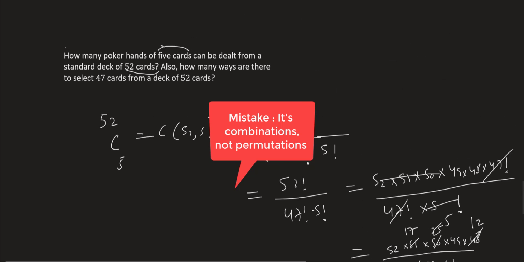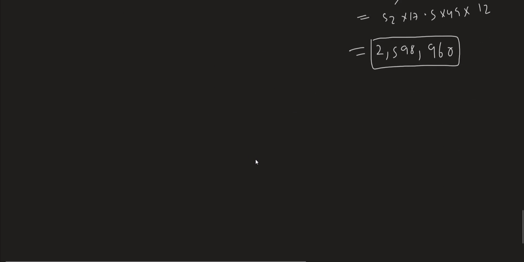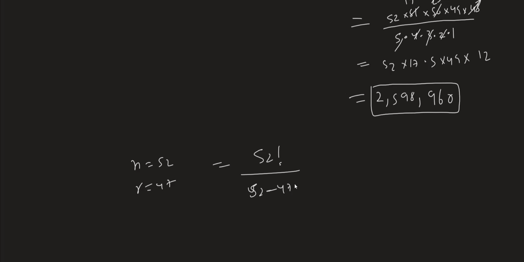Now let's have a look at the other one, where how many ways are there to select 47 cards from a deck of 52 cards. So here n is 52 and r is 47. So we'll get 52 factorial divided by (52 minus 47) factorial times 47 factorial. So this will be equal to 52 factorial divided by 5 factorial times 47 factorial.